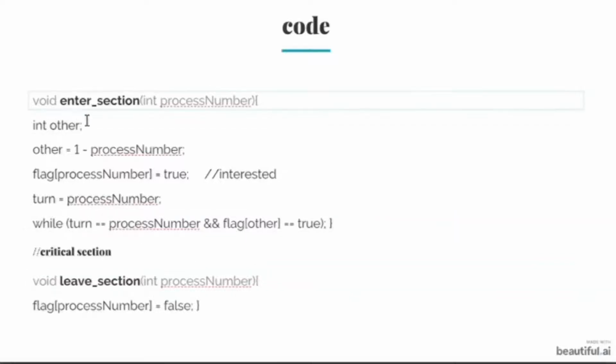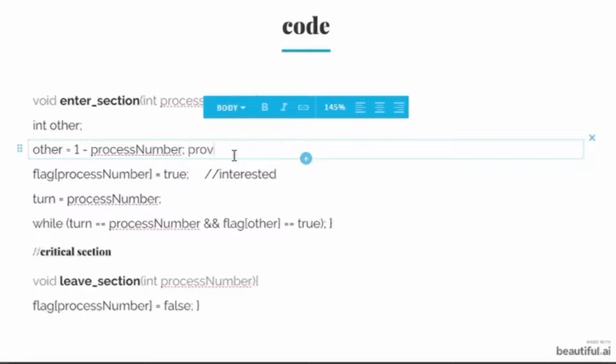Okay, so the enter section method takes in an integer, and that's the process number. In our case, it's either 0 or 1. In the method, there is an integer called other, and it's basically the other process number. So for example, if process number 0 is trying to enter the critical section, the other process is going to be 1 minus 0, which is going to give us 1.